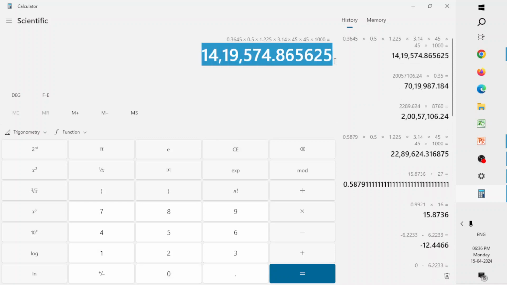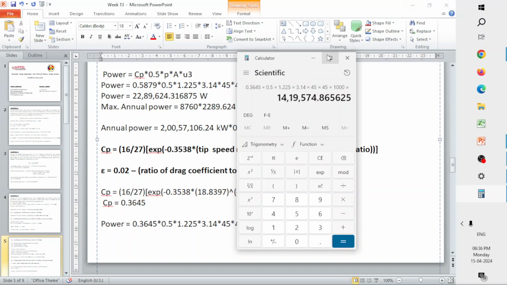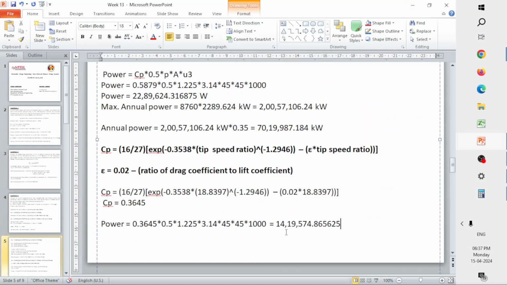So this much amount of power will be available to you.